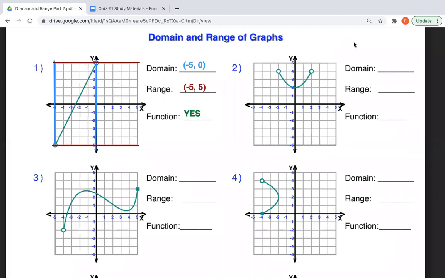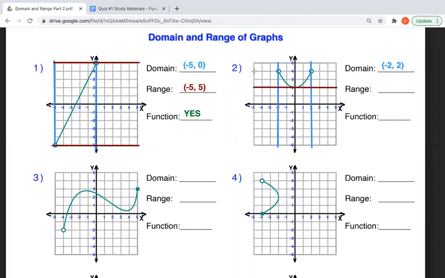Now graph number 2. My domain goes from -2 to +2. Both walls touched open circles only, so those are going to be parentheses. My range, the bottom of my graph is at +2. Notice that does not touch an open circle at all, so that's going to be a bracket.